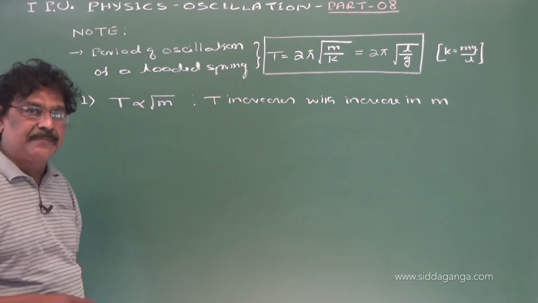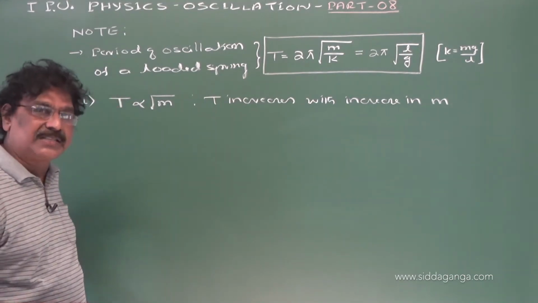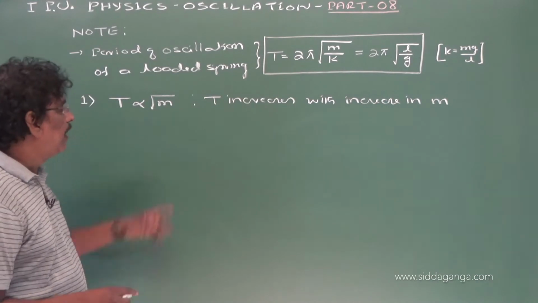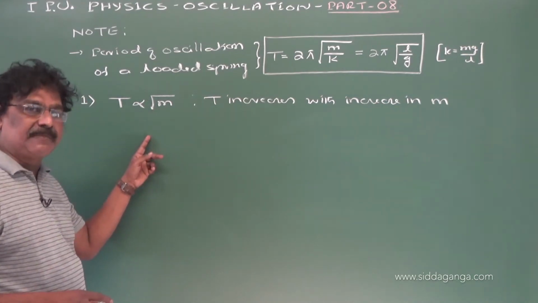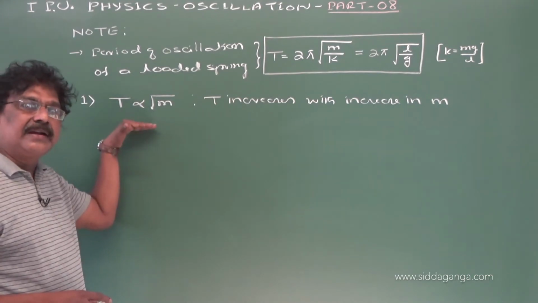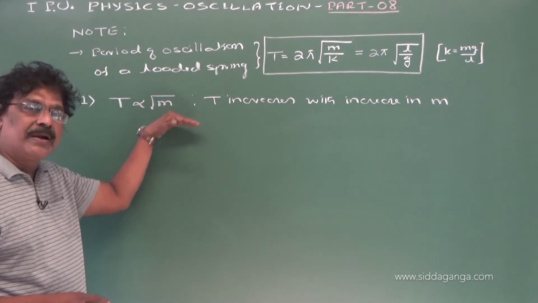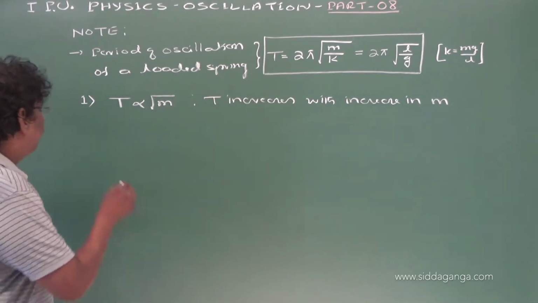If we have two masses m1 and m2 suspended on the same spring, and T1 and T2 are obtained, then we can write T1 by T2 is equal to square root of m1 by m2.